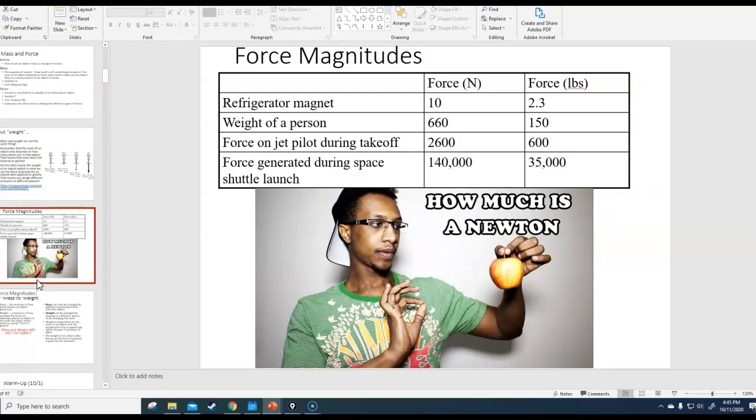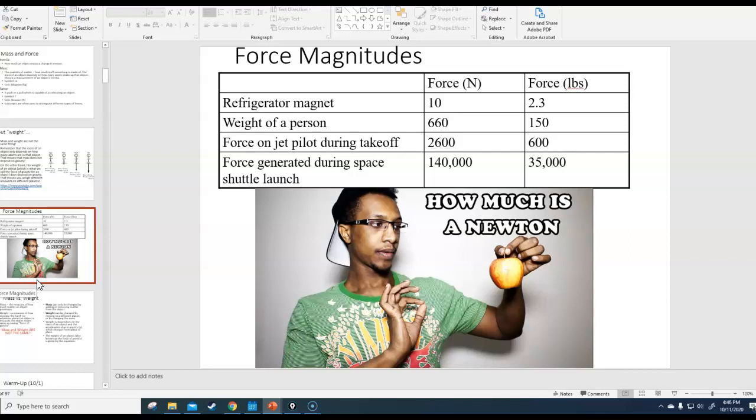Now, by the way, if you want to know what a Newton is, I told you before that Newton is the unit for force, and weight is a force, and so how much is a Newton in terms we might understand? So just to give you an idea, an apple is about 100 grams. It's about 0.1 kilograms. Okay, and so a normal apple has a weight of about 1 Newton.